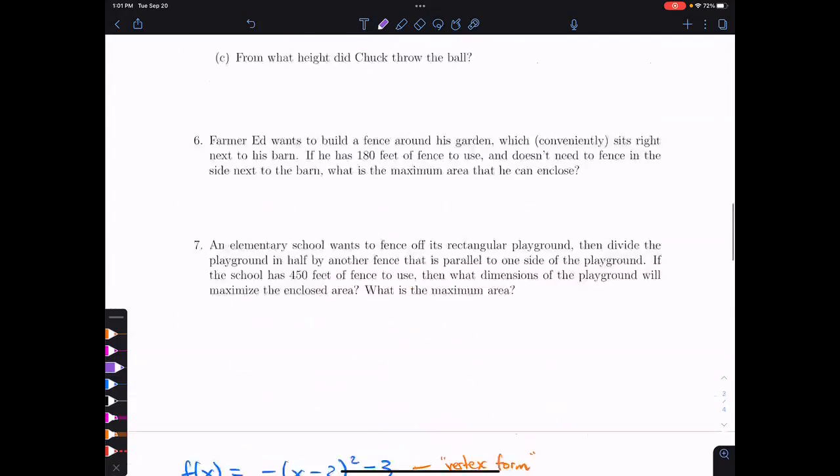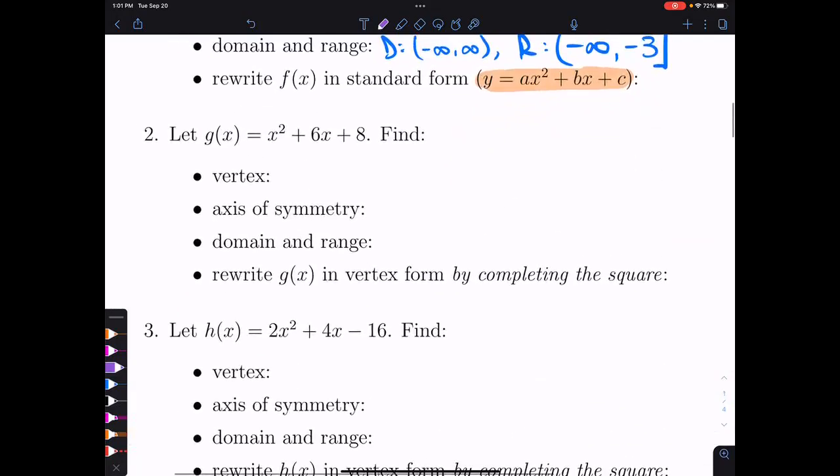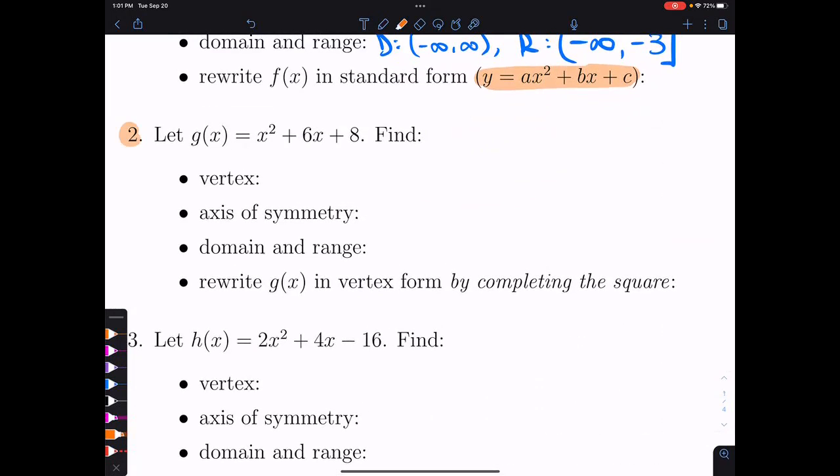Okay. Everybody good so far? All right, take a look at number 2. g of x is x squared plus 6x plus 8. So it's in standard or vertex? Standard, right? Okay, x squared plus 6x plus 8, standard form.